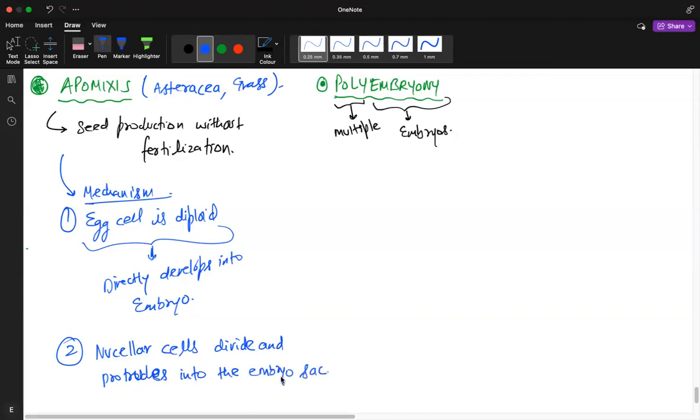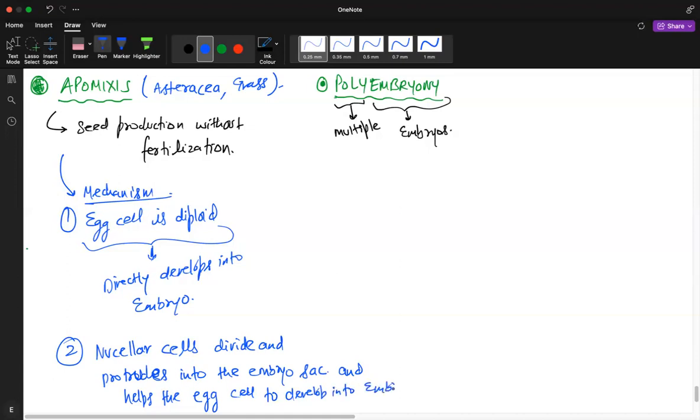Okay, it divides and enters into the wall of the embryo sac and helps the egg cell. So it is like a pseudo fusion. Help the egg cell to develop into embryo.